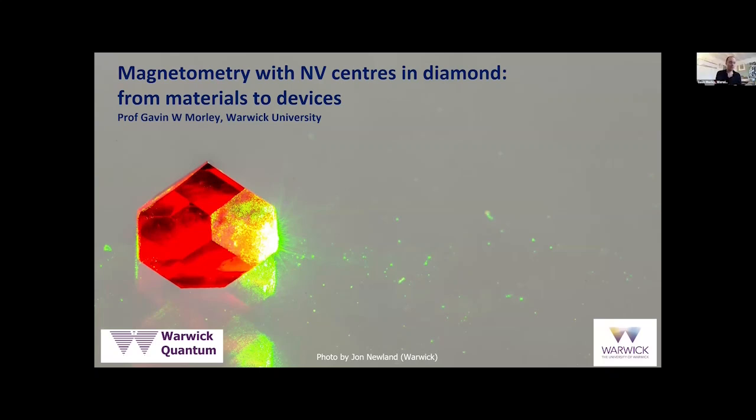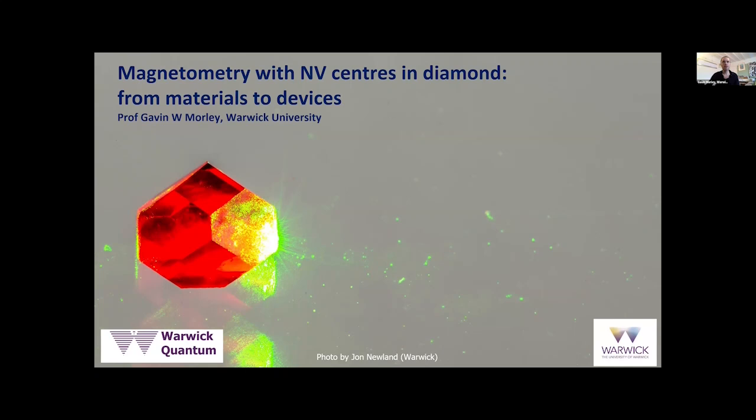Thanks. So, hello everyone. I'm Gavin Morley from Warwick University. I'm a professor in the physics department, and my research group is experimental, and it's all about nitrogen vacancy centers in diamond. I'm also the founding director of Warwick Quantum, which brings together 20 academics, 20 research groups, including Animesh.